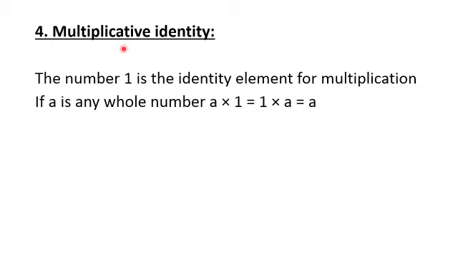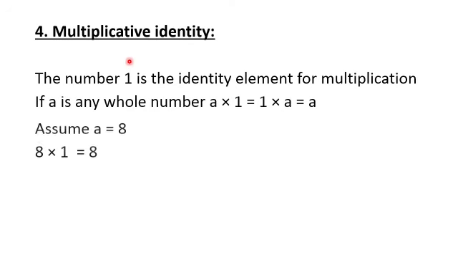Here in the multiplicative identity you will be using the number 1, since when you multiply 1 with any whole number, your answer will remain the same. So A into 1 is equal to 1 into A equal to A. So the multiplicative identity number is 1.